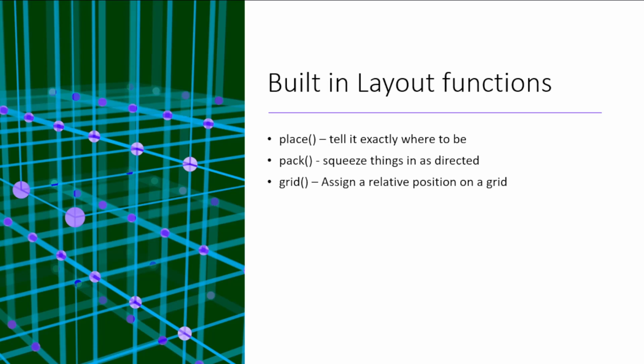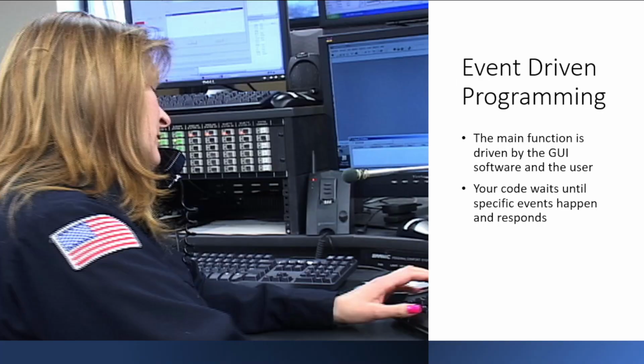But as I said, the other big mental shift is this idea of event-driven programming. So we talked about it before, that the user gets to pick what they want to do. And what that translates into our programming model is that mostly we just let them fill out data all they want to on our displays. And when they hit the button, we respond to it. So I don't have to say, give me your first name, give me your last name, give me your age, give me your driver's license number.